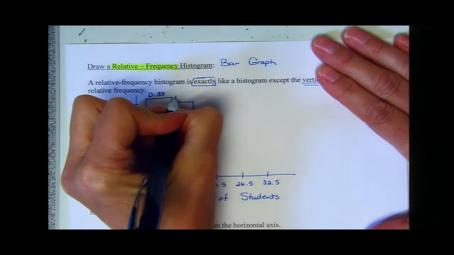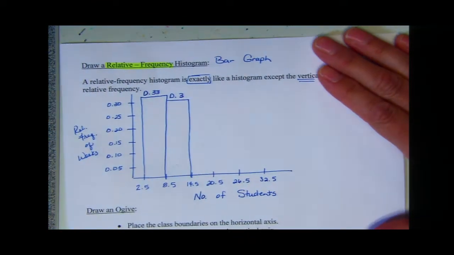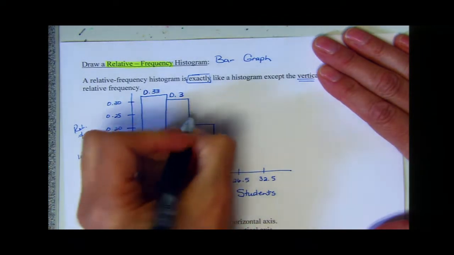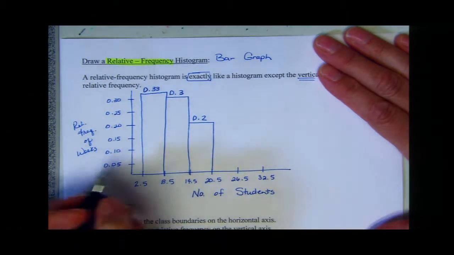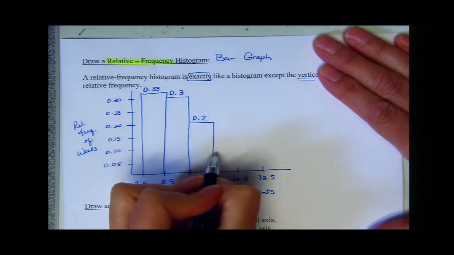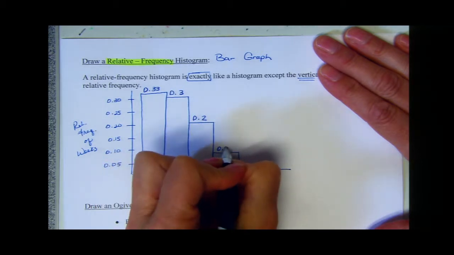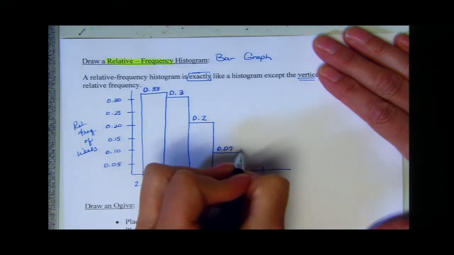So be sure you don't make those errors when you're creating your graphs. Then we have 0.2, which is 0.20. And then we had 0.07. And then 0.1, which is 0.10.